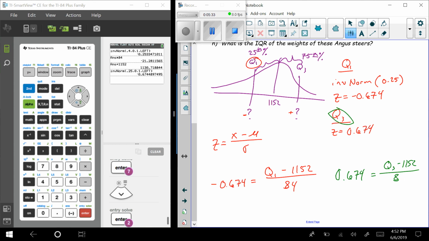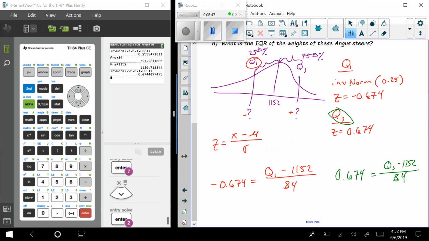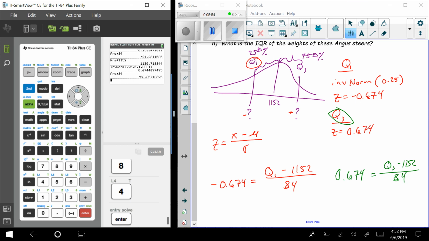And now what we're going to do is we're just going to use our calculator. I already have the negative one up here, so I'll do my Q1 first. That's this one over here. So I take that times 84, and then I add 1152, and that's 1,095.3 pounds.